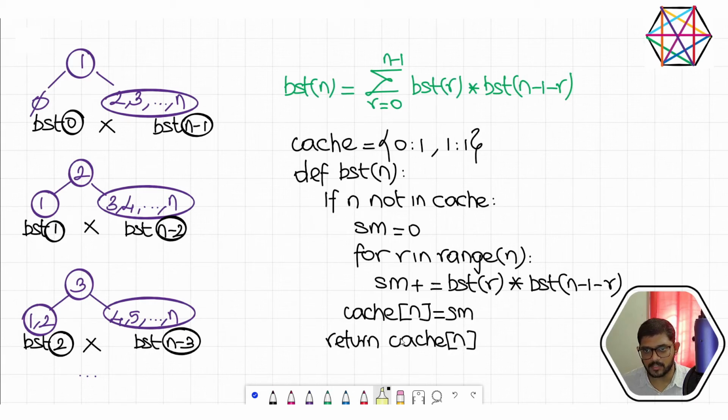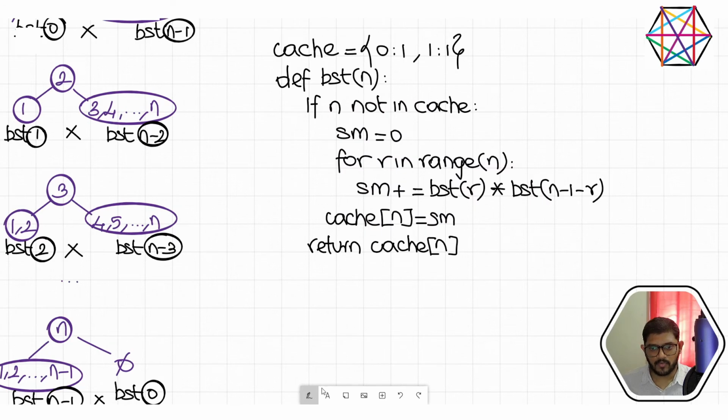We can bypass this whole thing. That if statement, as you can clearly see, we can bypass this entire thing. We can just directly get the answer if the same input is repeated sometime in future. So this is our code. Now we will have to call this function, BST of n, and return the value.